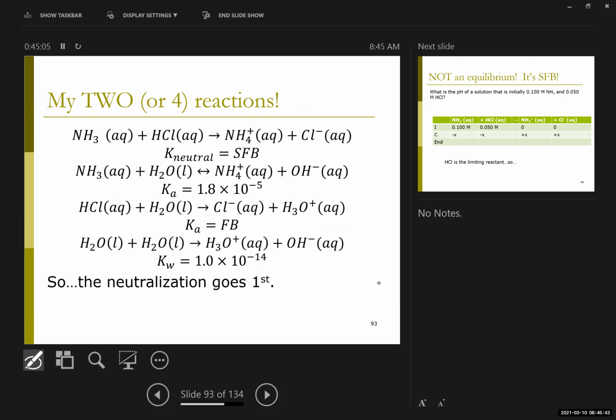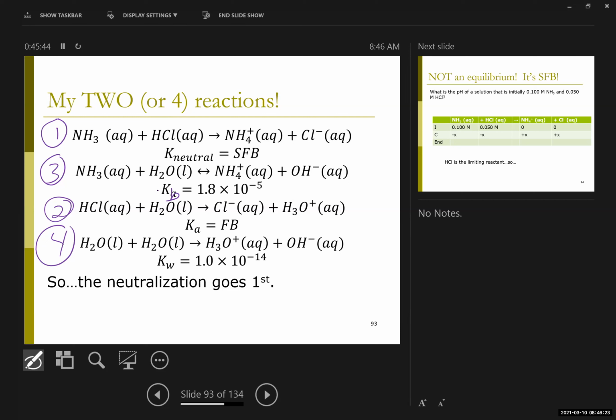And so if I'm going to solve these reactions in order of importance, the neutralization reaction gets solved first. It does have the biggest K. For both the first and second reaction, they're going to essentially go to completion. I only really need to solve my K equation when it gets to the weak acid or base dissociation, which in this case is the ammonia.